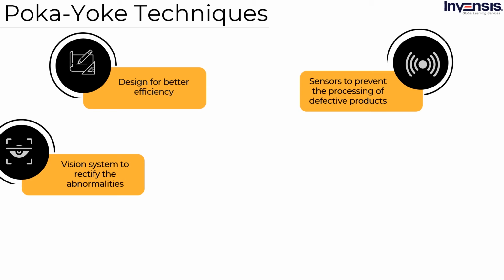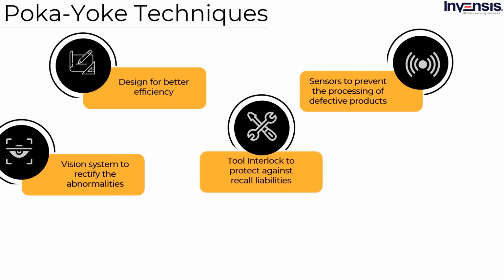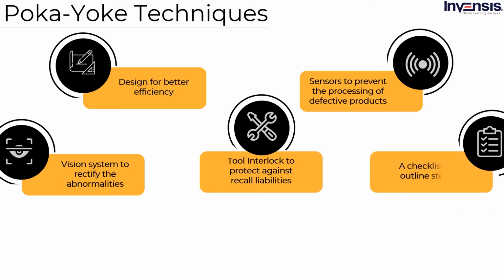The next technique would be to use tool interlock to protect against recall liabilities. By doing this, the safety of the devices is maintained, and industries can have less fear about these tools and systems. The next technique is to prepare a checklist to outline steps. From this, one can easily understand how many steps can be completed in a process or a system.